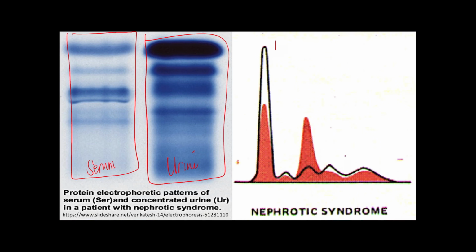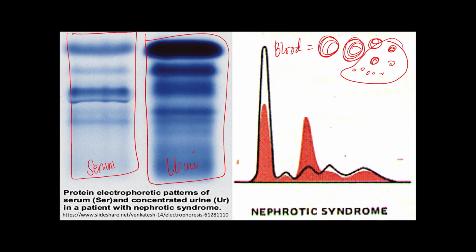And also, you have to remember that in your blood, you can find different classes and sizes of proteins. Some of the proteins are very large, whereas some are medium in size or very small in size. And remember, in nephrotic syndrome, there is an increased permeability of glomerulus, right? So that means the glomerulus continually filters the protein in the blood. That's why they leak out in the urine, particularly those which are smaller in size.